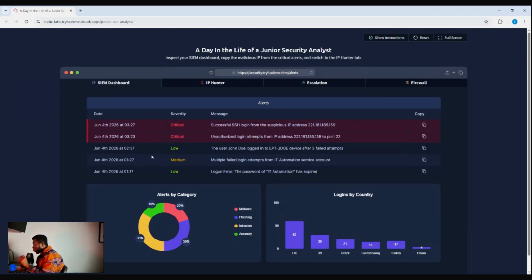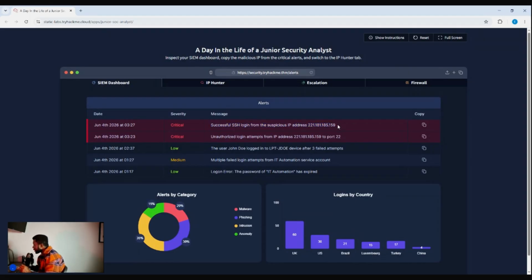Now, when he analyzed this first activity happening on the network, he found out that there was a successful SSH login from this suspicious IP address 221.181.185.159.